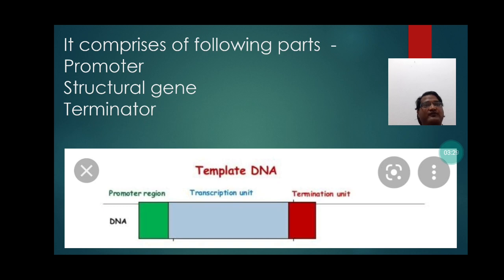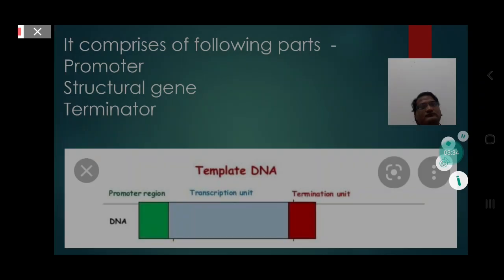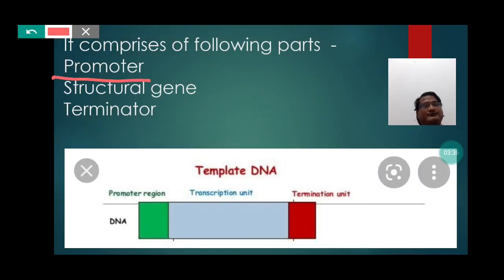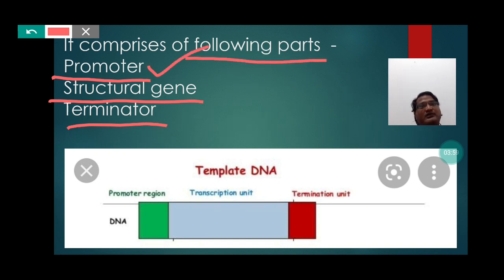It comprises of following parts: promoter, structural genes, and terminator. So students, the transcription unit has the following three very important parts, which are the promoter, the structural gene, and the terminator.